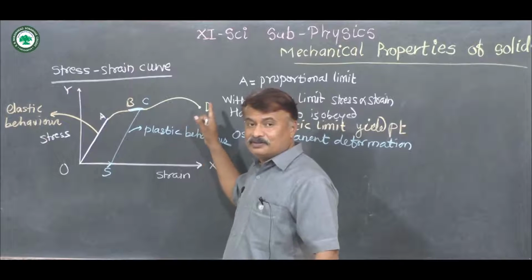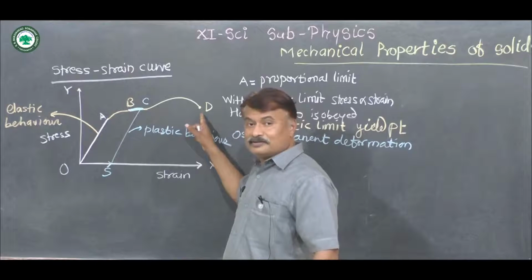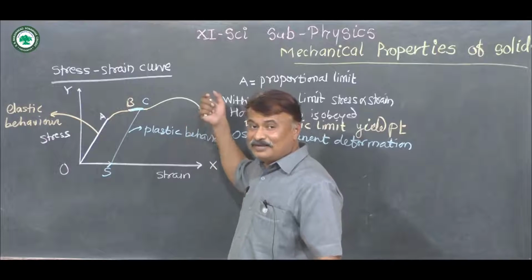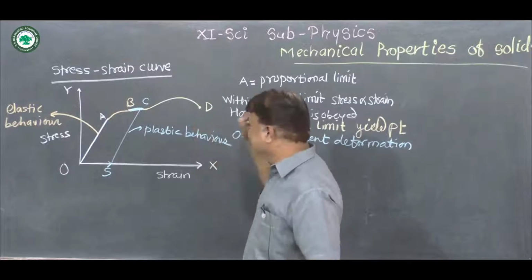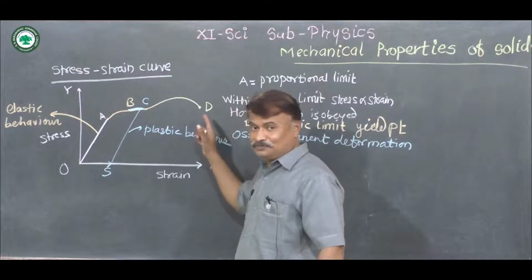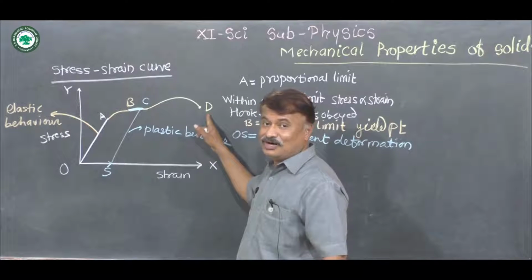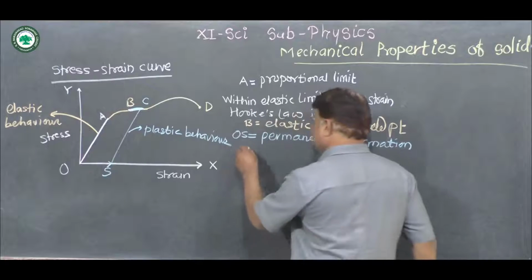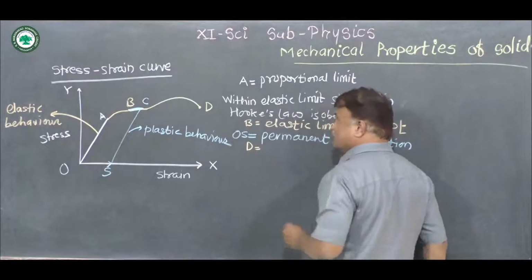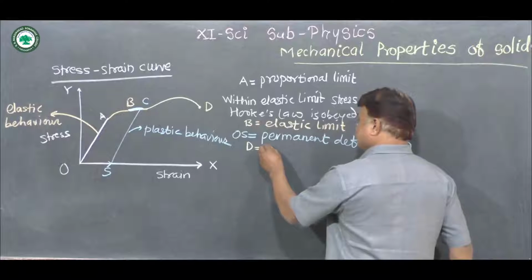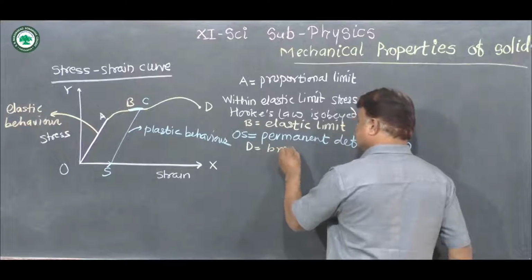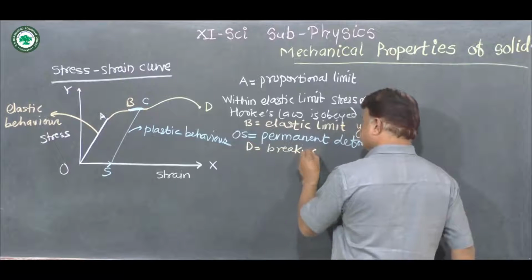At that fracture point wire becomes thin and finally it breaks, and therefore this point D on this stress strain curve is called as breaking point or fracture point.